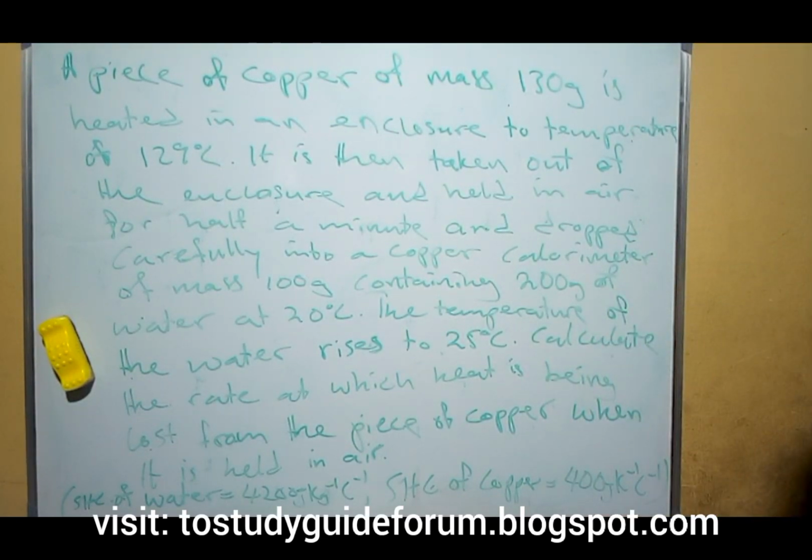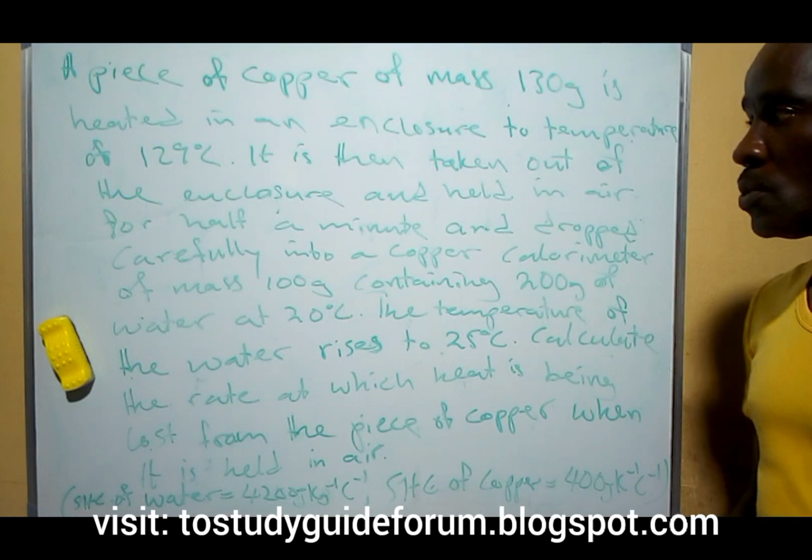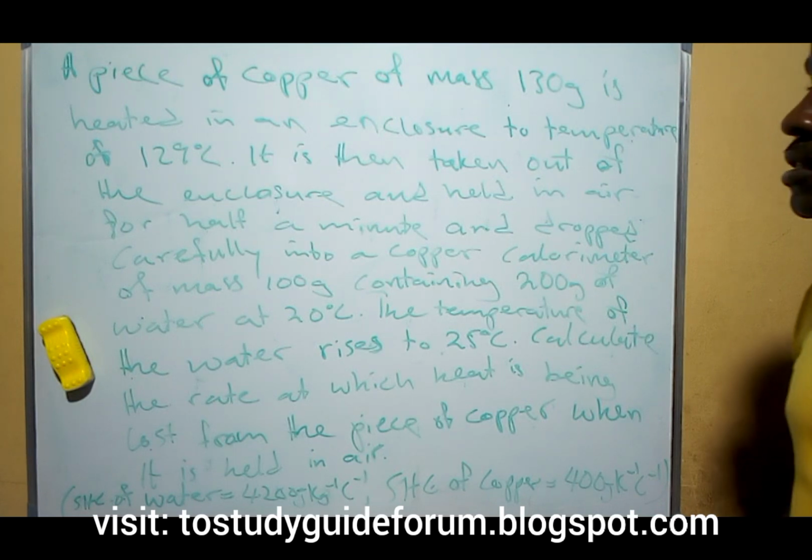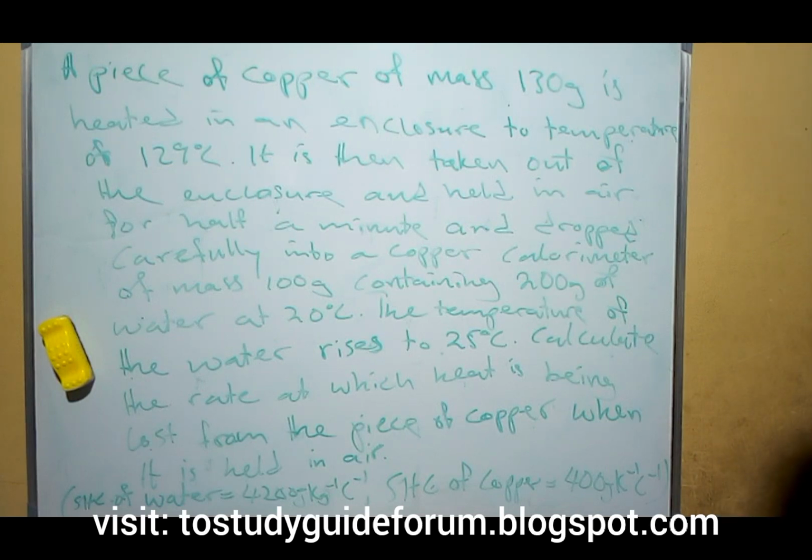Today we'll be looking at specific heat capacity. We have a question on the board. Say that a piece of copper of mass 130 gram is heated in an enclosure to a temperature of 132 degrees Celsius.